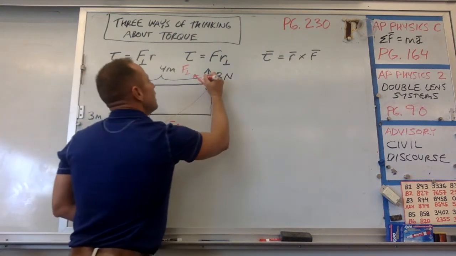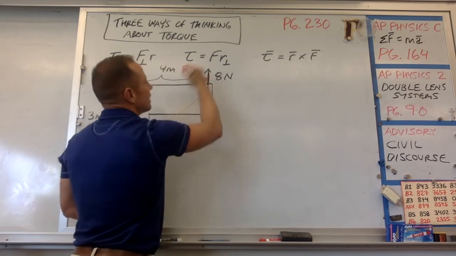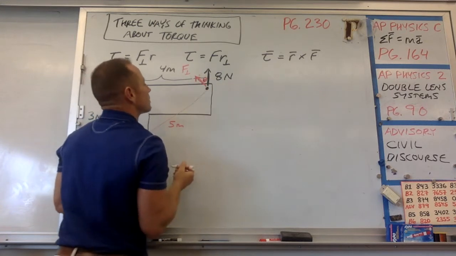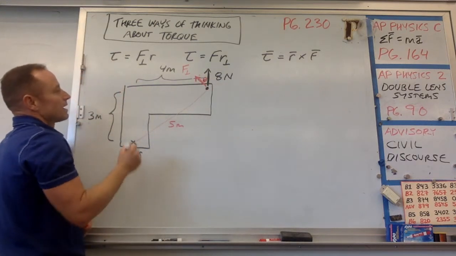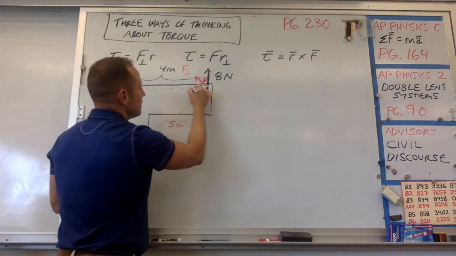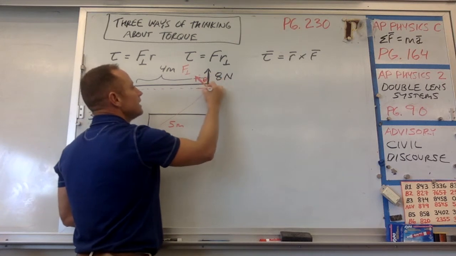Well, if we're going to do that, we need to know what this angle is, so that we can get the component of F that is along that direction. Right? So one way to see what that angle has to be is this angle and this angle make 90, right?